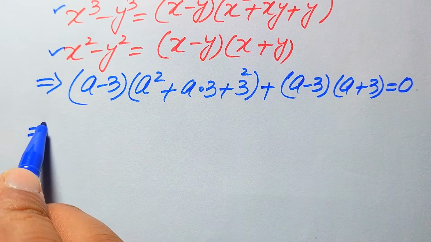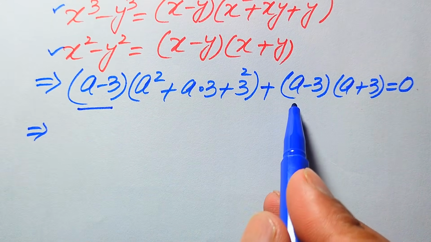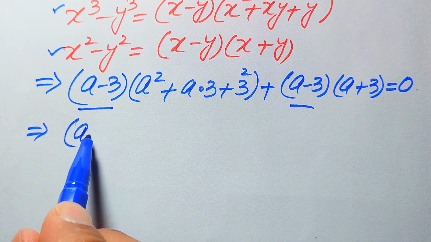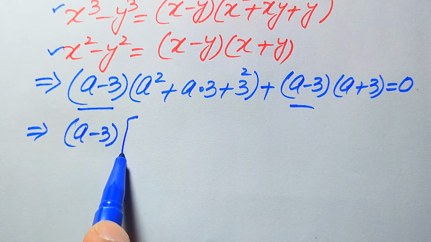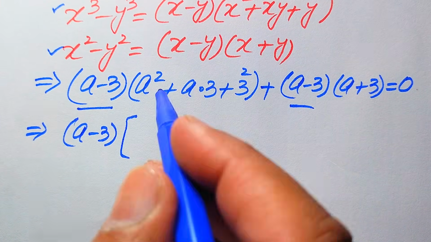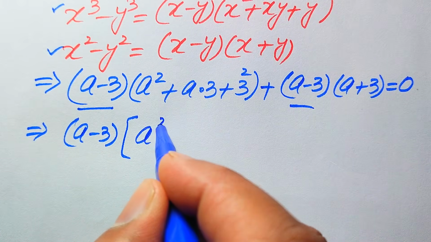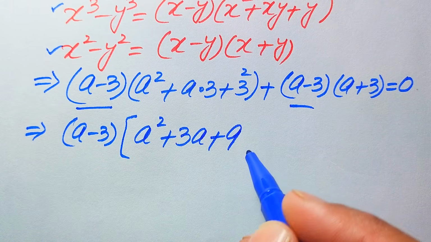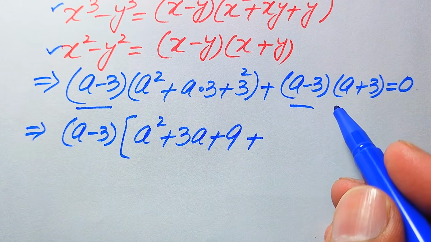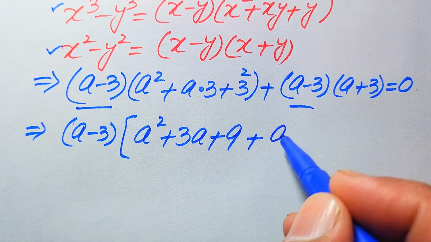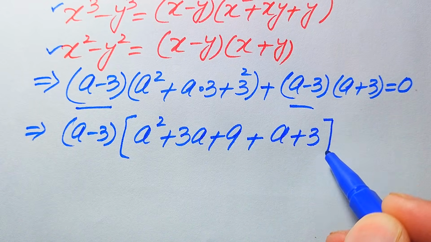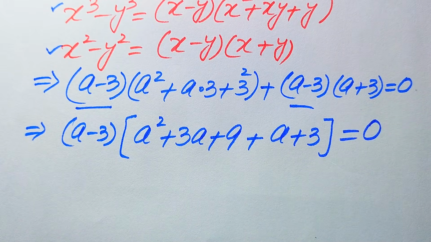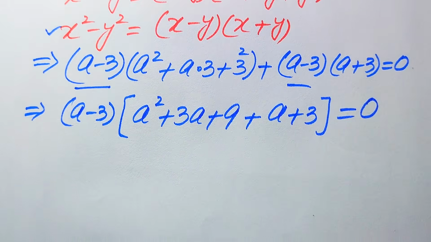And now in the next step you see both of these two terms involve a minus 3, so we take common a minus 3 from here. When we take common a minus 3 we get the remaining values: from here a squared plus 3a plus this 3 squared becomes 9, and from the second term we get a plus 3, and this whole equation equals 0.